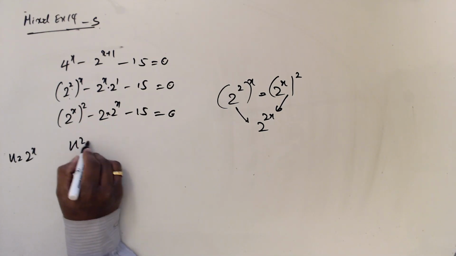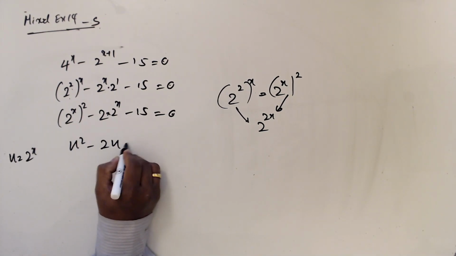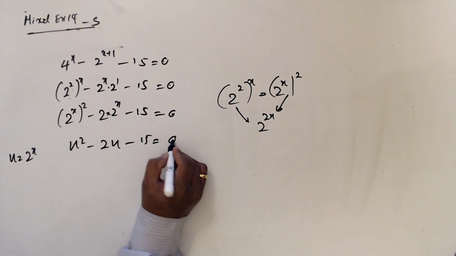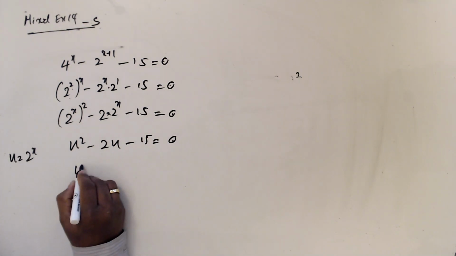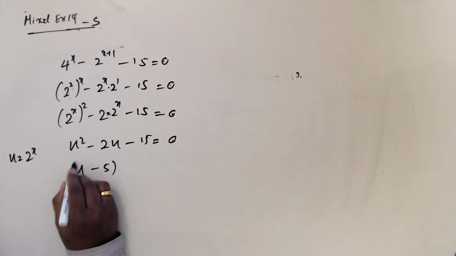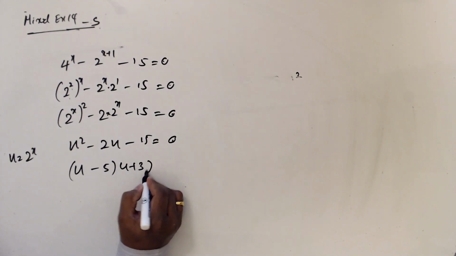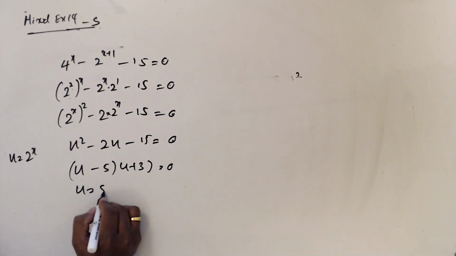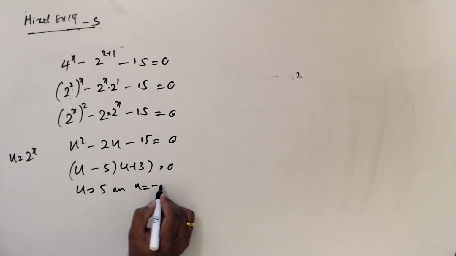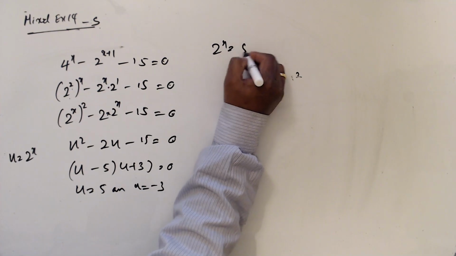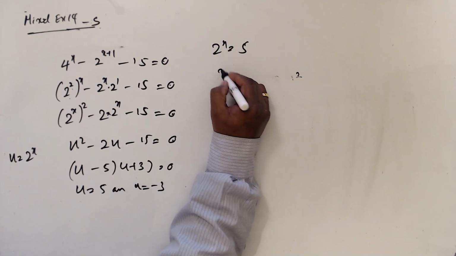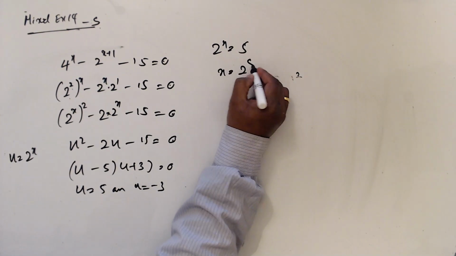This is going to be u squared minus 2u minus 15 equals 0. So this is going to be u minus 5, u plus 3 equals 0, u equals 5 or u equals minus 3. It means 2 to the power x equals 5.